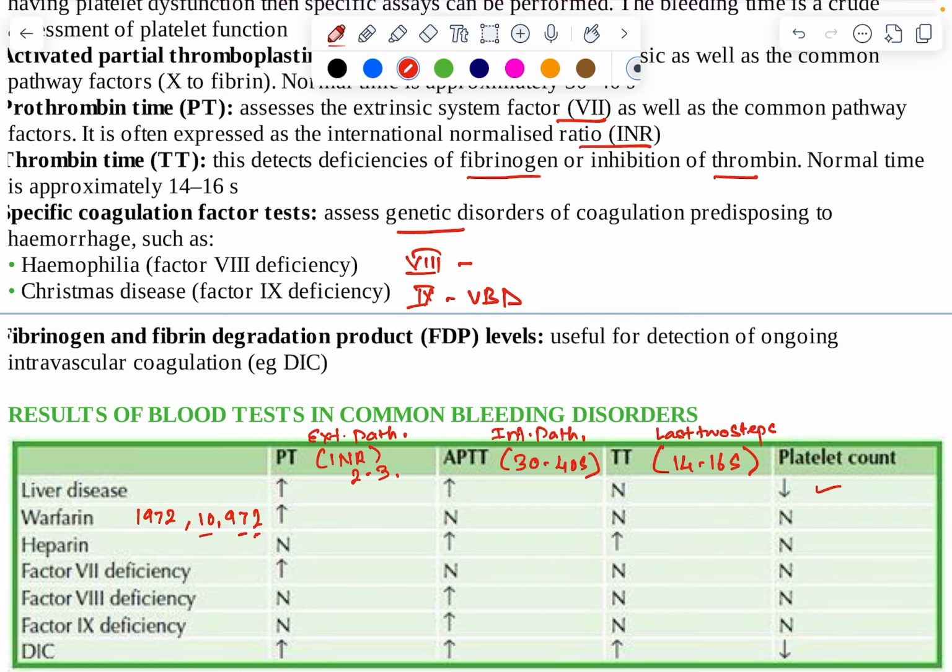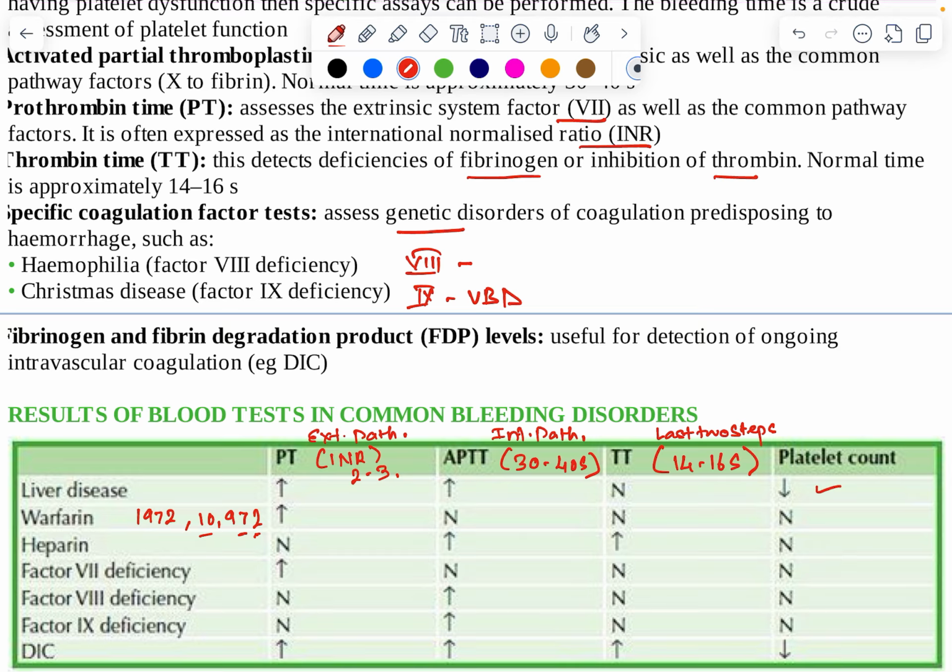7 is the start of the extrinsic pathway, and 3 is the factor which activates tissue thromboplastin. Then 10 is the common pathway, and 9 is for platelet adherence to form the platelet plug. It is the start of the clotting.